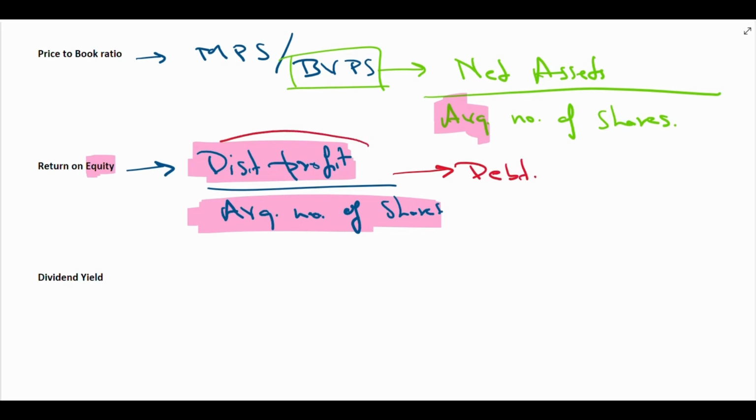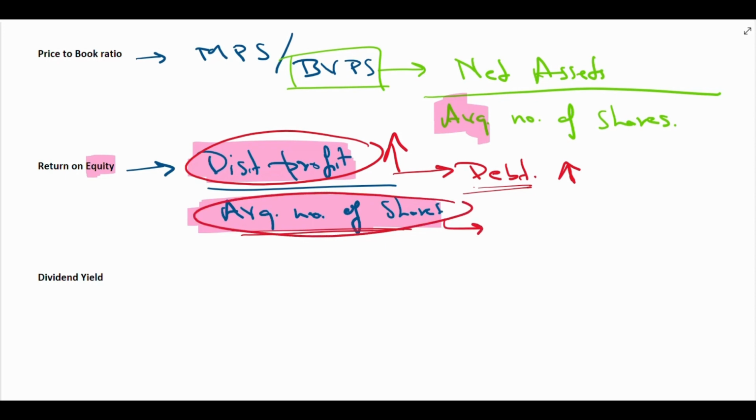Now, this distributable profit might be increasing because of the influx of debt capital in the business, while the equity remains the same. In this case, the debt will increase due to this influx, production will increase, sales volume will increase, and the overall profit will increase. So distributable profit goes up, whereas the equity shares remain constant, right?